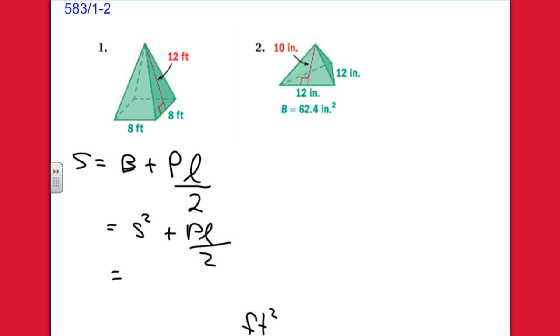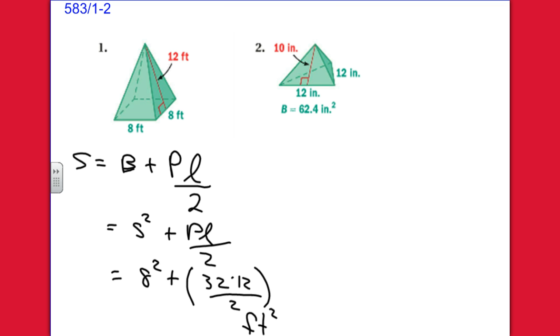And Alex, do you want to tell us how to substitute? 8 squared plus, what's the perimeter of the base? 8 times 4, right? Walk around. 32, and then the slant height for each of the triangles is 12, so 32 times 12 over 2.